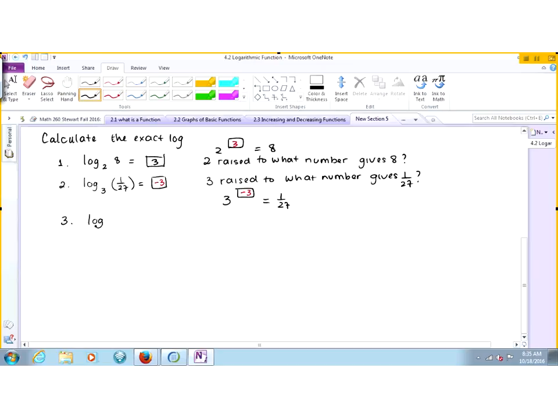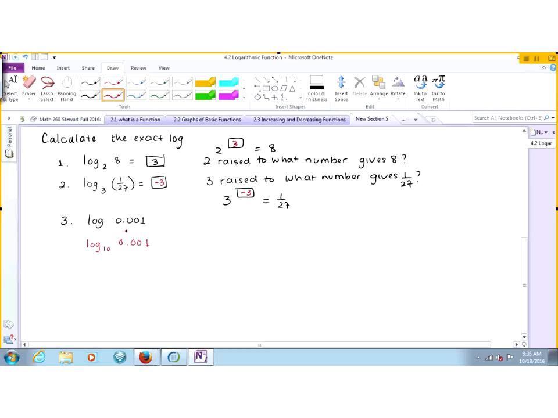Number 3, what is log 0.001? By the way, if I don't write the base, it is actually log base 10. Later on we will talk about this.